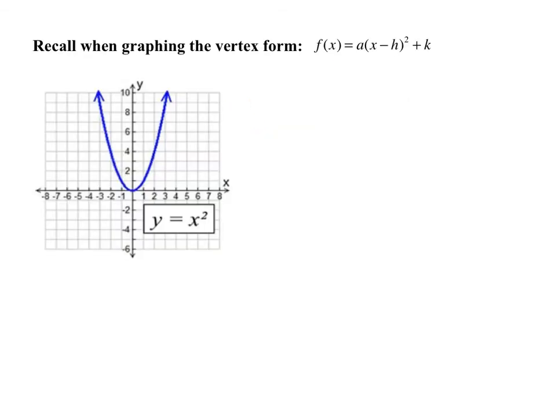Okay, you can take a break from writing for a minute here. I just want to review a quick concept. When we have our vertex form equation, we know that the role of a here does something special. In the parent graph, the a value is 1 here. And so we have a certain step that we're following when we're going over and up, over and up, over and up.